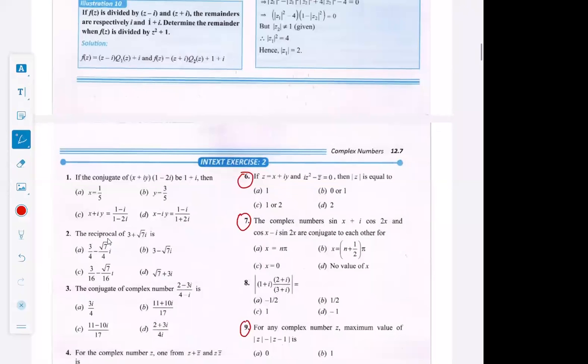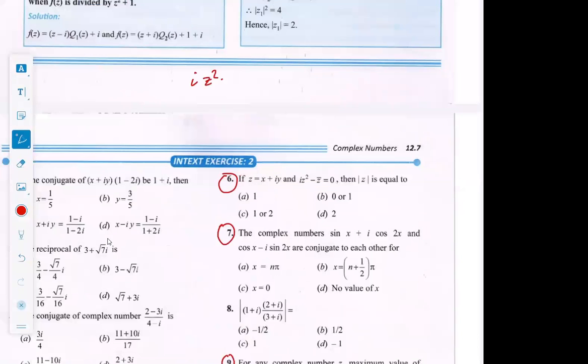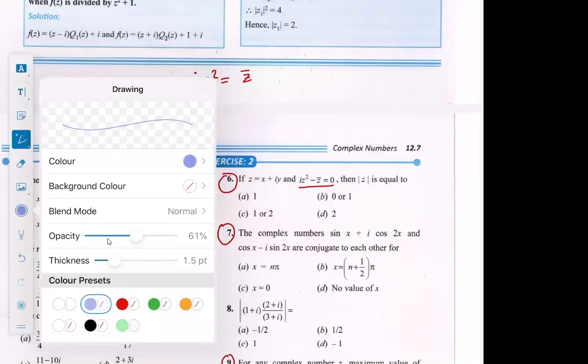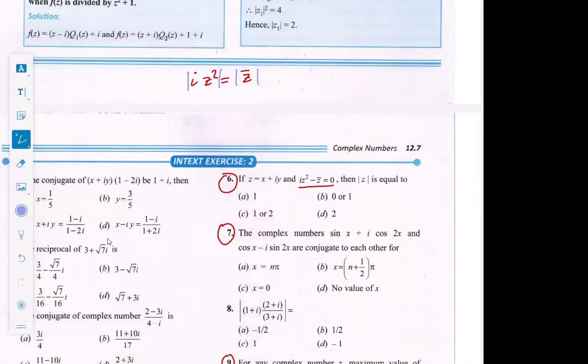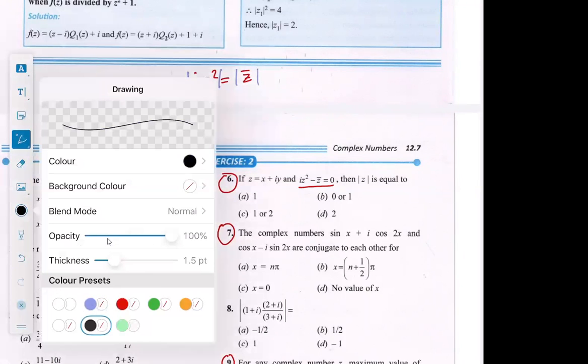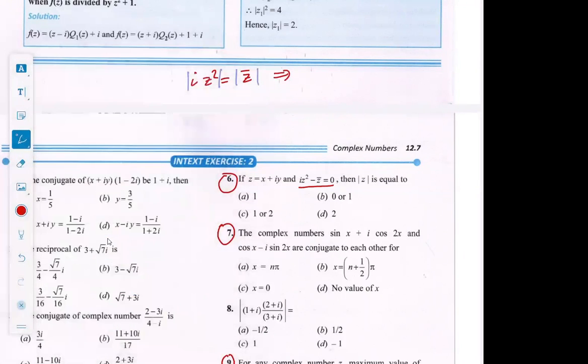See question number 6. It is given i z square is equal to z bar. So if you take modulus, take mod both sides. So modulus of i is 1. So it will be modulus of z square, and modulus of z bar is modulus of z.